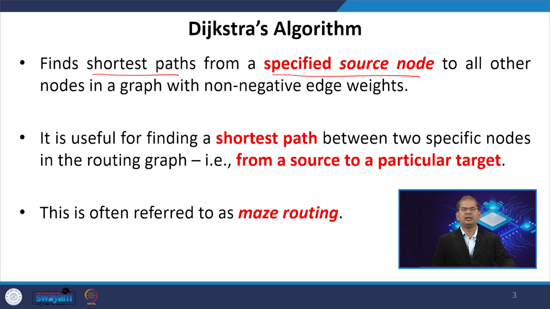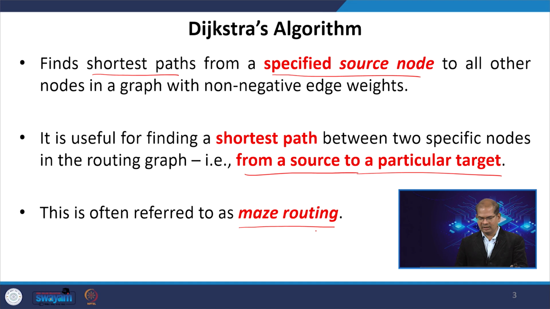So, here we assume that all the edge weights in a graph are non-negative, and we are finding the shortest path from a source node to all the nodes in the graph. Then it finds the shortest path between two specific nodes in that graph, from a source node to any target node. This algorithm is popularly known as maze routing.